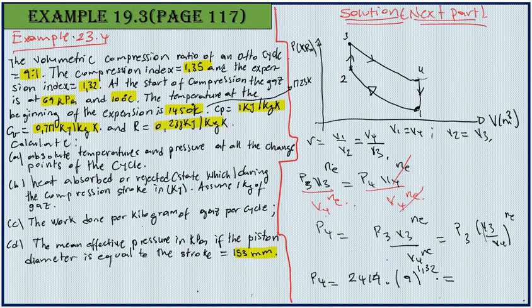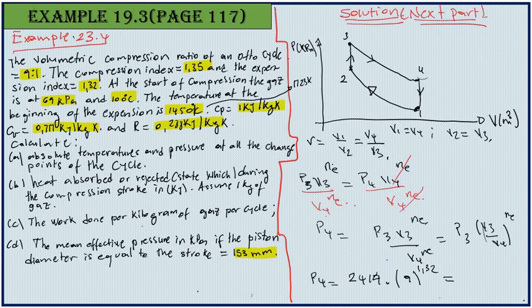Something is wrong in this relation. Here, V3 over V4 doesn't represent R. R is equal to V4 over V3, not V3 over V4.